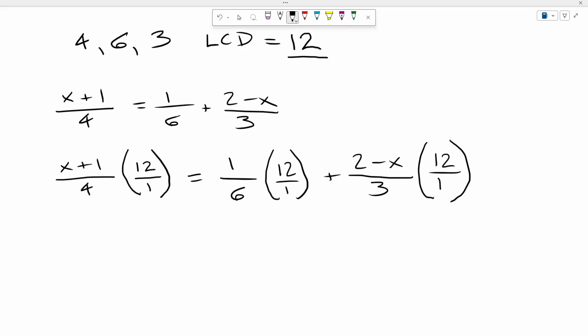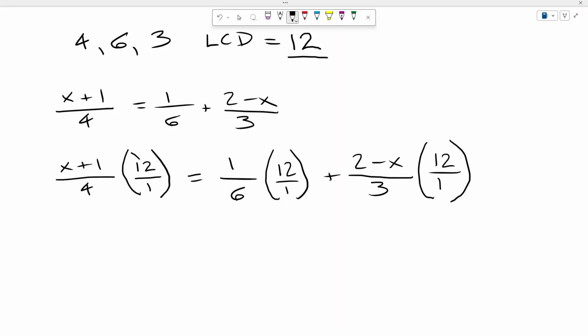So now we just have to break up these two fractions, because we have not only the x but also the 1, just like over here we have the 2 and the x. Because our denominator is the same, we can split this up into two fractions, adding, taking each part times 12.